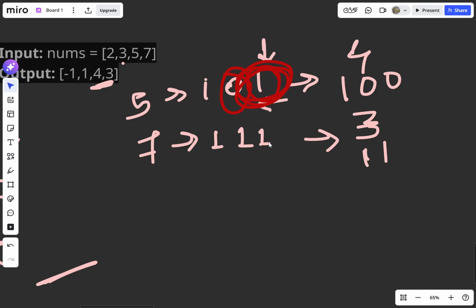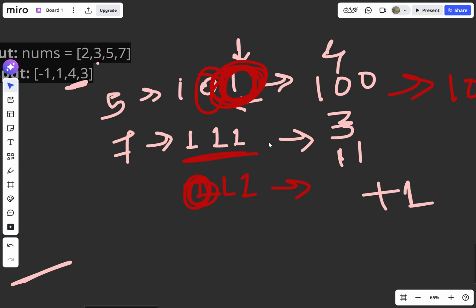If we have this as a set bit, we will convert it to 100, converting the last set bit to 0. Here also we have 1 1 1, so we will convert the last continuous set bit to 0. Why are we doing this? Just imagine that when we add 1 to any number, we have this 1.